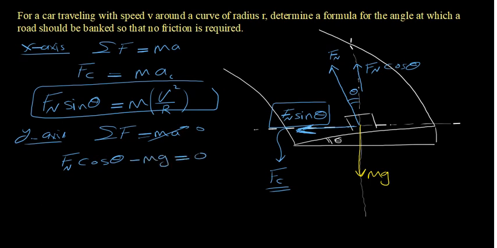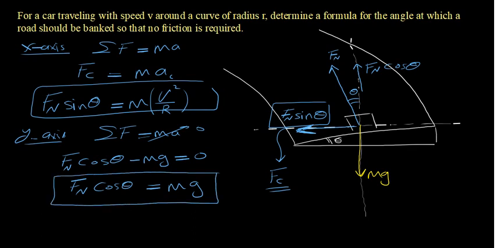From here, the normal force cosine theta will equal mg. That will be the second equation I need. Now I have equation 1, I have equation 2. They will help me find the formula for the banked angle.